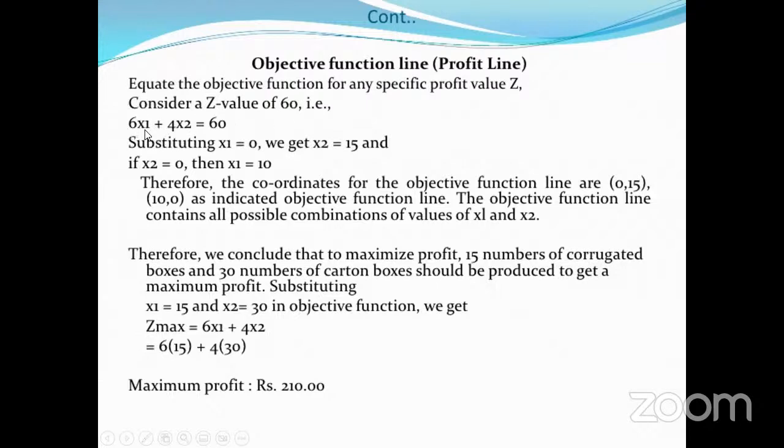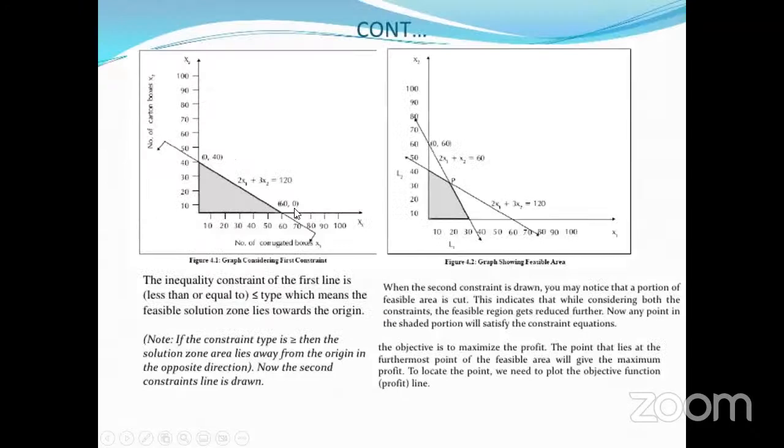If we substitute the values, what points are we getting? Just we'll see that graph. Here the point is 30, 0, right? Here the point is 0, 40, but we don't know the intersecting point.